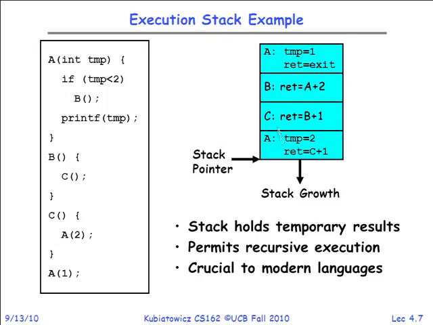Notice also that I'm showing this return explicitly here. We're going to call A of 1, and when we're done, we're going to return by exiting the process. When we get into B, in this first instance A came through here and called B. What happens when B is done?